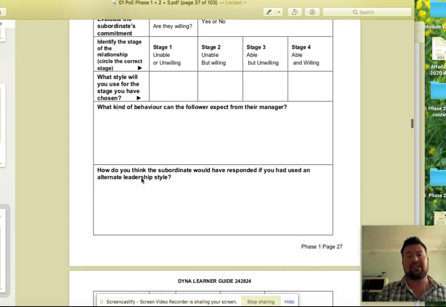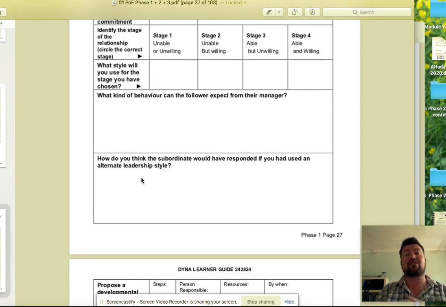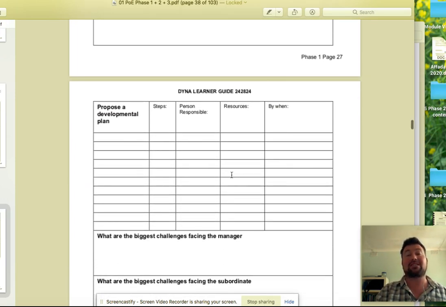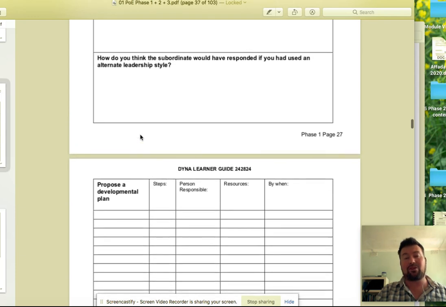Then you tell me, if you had used a totally different leadership style, what might the reaction be? So it might be confusing, it might be frustrating if you use a leadership style that is not suited to that specific situation. Then, based on the task, tell me if you would need to develop that person and how you would develop them.